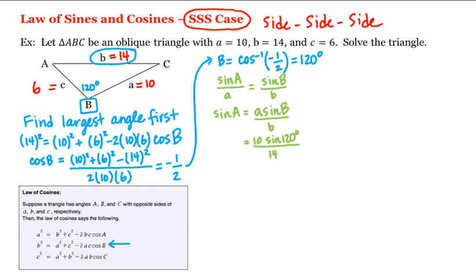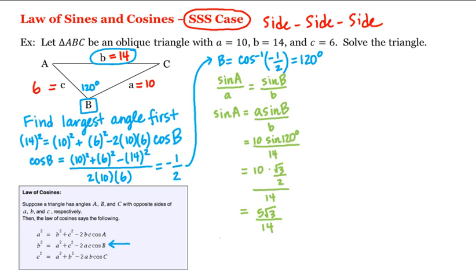And the sine of 120 degrees is equal to the square root of 3 over 2. So therefore, this is equal to 10 times the square root of 3 divided by 2, still divided by 14, which is equal to 5 square root of 3 divided by 14.